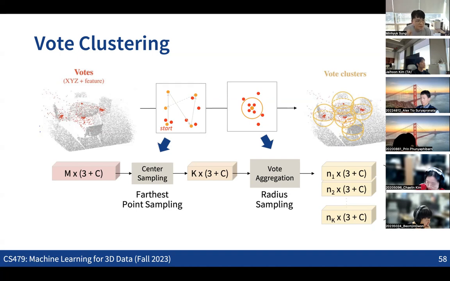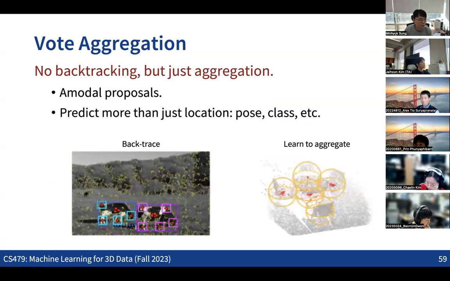So here what you can see is that we are not doing any kind of back tracing. We just aggregate all the votes. And the reason why we are not using the back tracing is that here we want to get amodal proposals, which means that our goal is not to get the boxes for the partial observation, but to get the bounding box for the entire 3D objects.